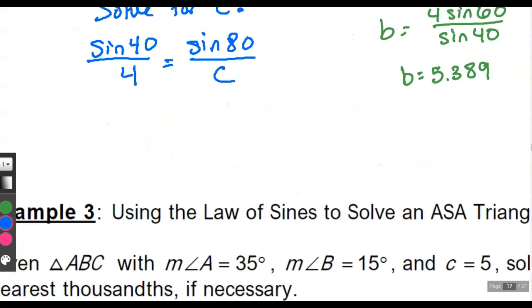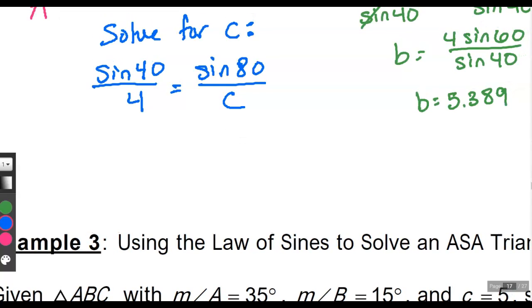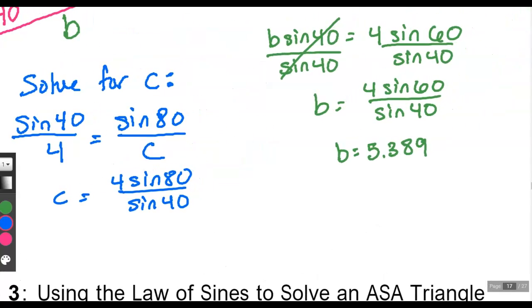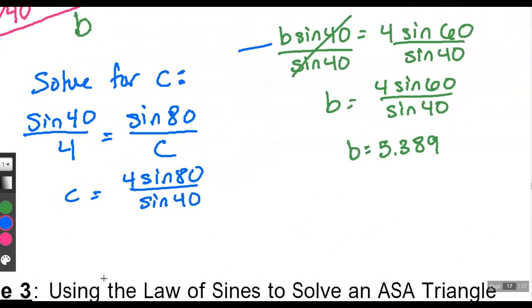And what do we do to solve for C? Cross multiply. As you get better at this, you can recognize that this is going to be C times sine of 40, set equal to 4 times sine of 80, but then we'll have to divide by sine of 40 to get it off of the C. So C is 4 times sine of 80 over sine of 40. If you don't like skipping that in-between step, that's fine.